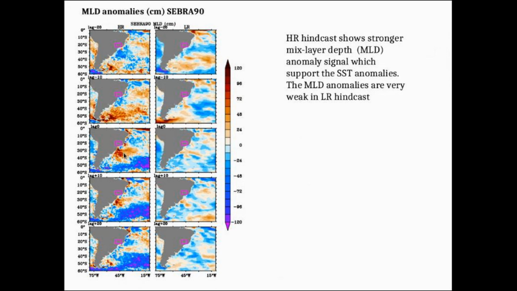So when you see a negative value, that means the ocean is losing heat due to the turbulent fluxes. Here for the high resolution data, the negative turbulent flux value is much larger, and this is a reason that the ocean is losing heat, which is one of the reasons for the SST cooling.